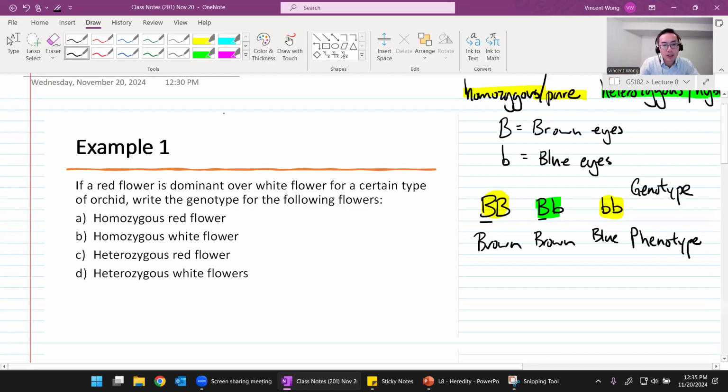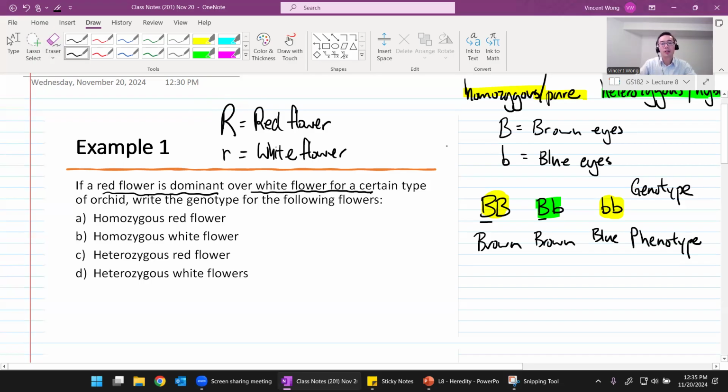Yeah, so we can use big R to represent red flower, and we can use small r to represent white flower. Remember to use the same letter, but uppercase for the dominant trait and lowercase for the recessive trait.